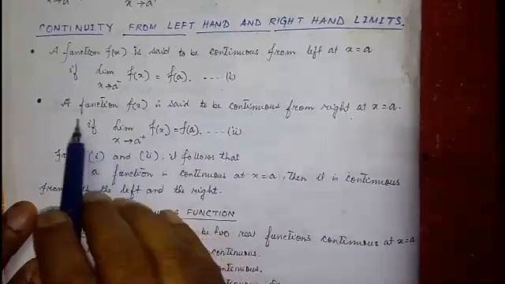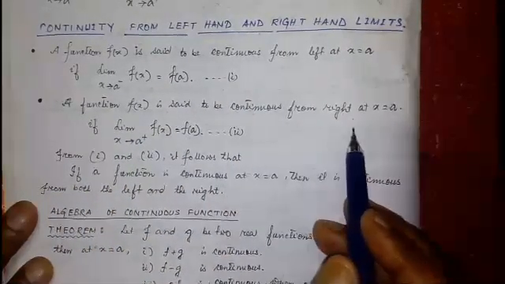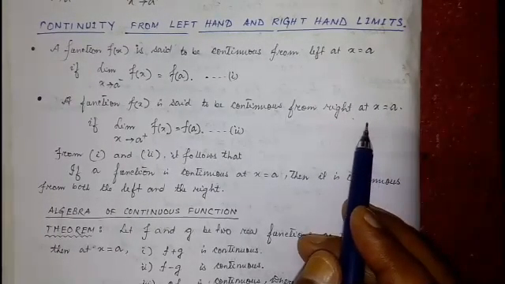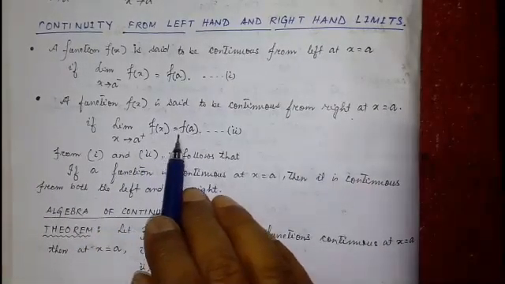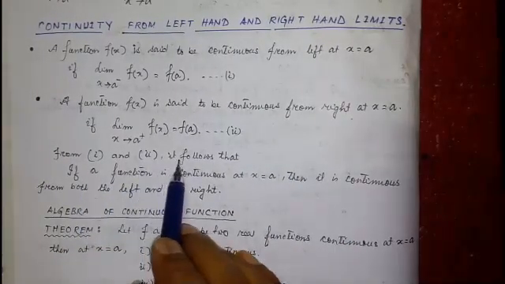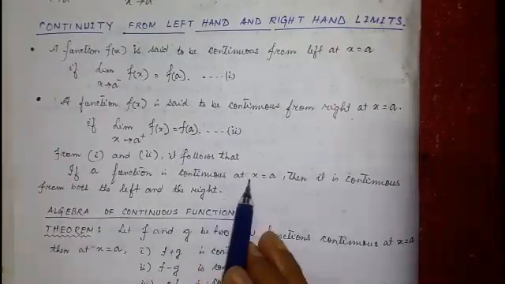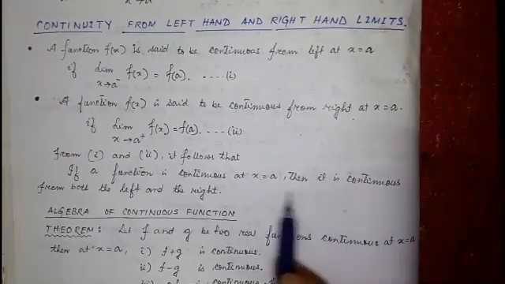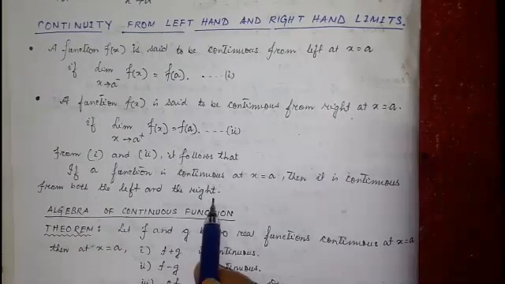And a function f of x is said to be continuous from right at x is equal to a if limit x tends to a plus f of x is equal to f of a. Now from 1 and 2 it follows that if a function is continuous at x is equal to a, then it is continuous from both the left and the right.